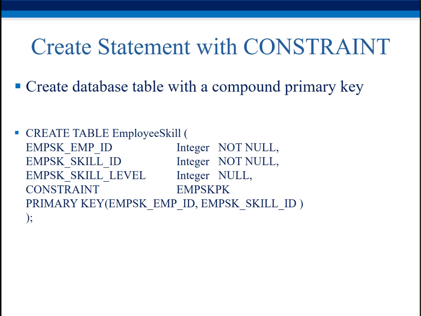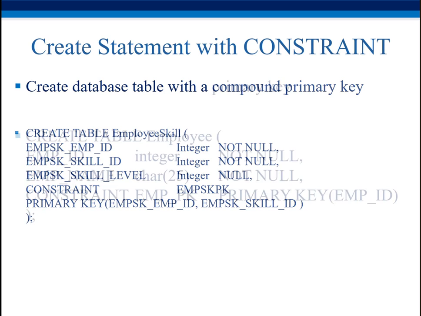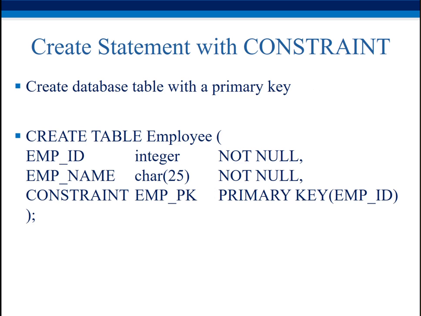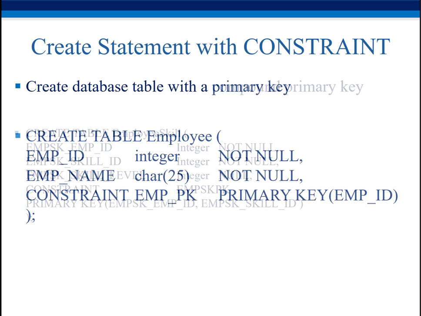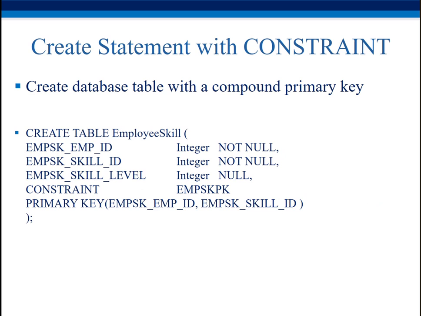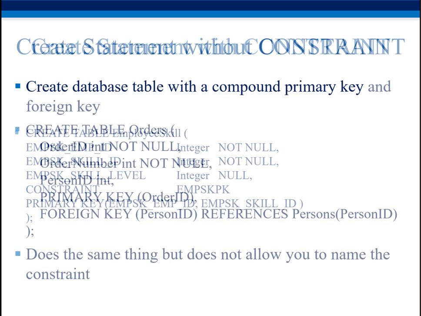It refers basically to the same ID, but you can see going back to the last slide, it just says employee ID because it's employee table. So here we have skill ID, skill level, again, constraint, and then we're naming a primary key. But here we're actually using a compound primary key. So we're going to key on both the employee ID and the skill ID.